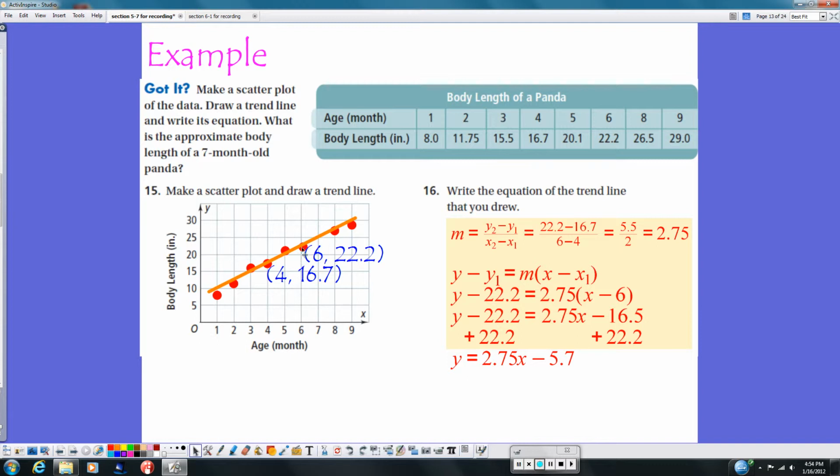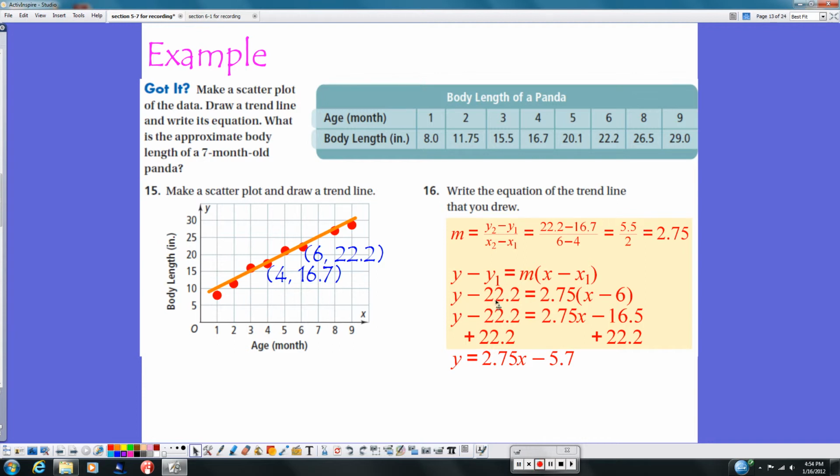Then I chose 2 points on the line. I chose the points (6, 22.2) and (4, 16.7). First thing I have to do is find my slope using my slope formula, y2 minus y1 over x2 minus x1. I came up with my slope as 2.75. Then, since I have points and slope, I used point-slope form. You can pick either point here, and we want to go ahead and substitute in our values.